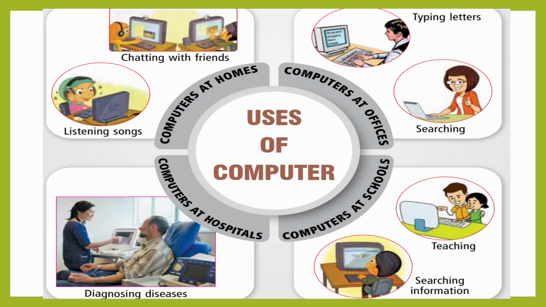Computers at homes: we can listen to songs, then we can chat with our friends. Computers at offices are for typing letters and searching information. Computers at schools are for teaching purpose and searching information. Computers at hospitals are for diagnosing various diseases.